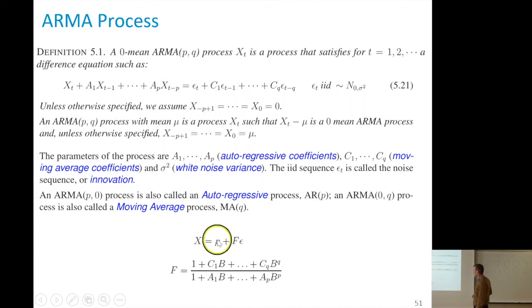X is equal to f times epsilon, where epsilon is a sequence of noises, and f is the ARMA filter with numerator polynomial 1 plus a1 B plus etc. plus a_p B^p. Denominator, sorry. So f is this filter, where B, remember, is the backshift operator. So this is an ARMA process.